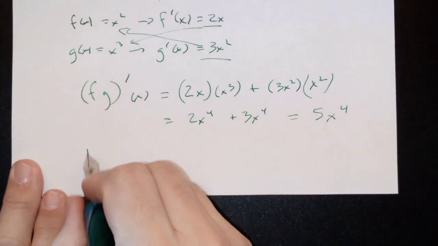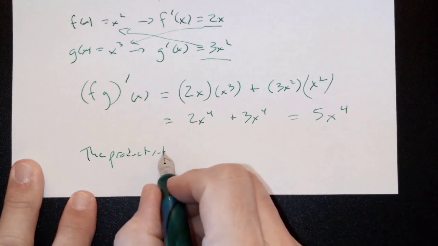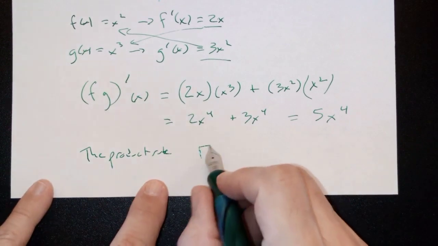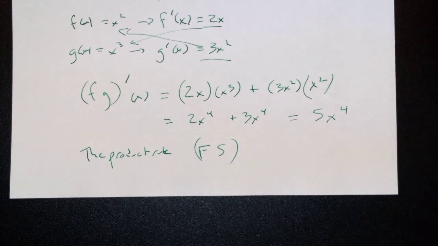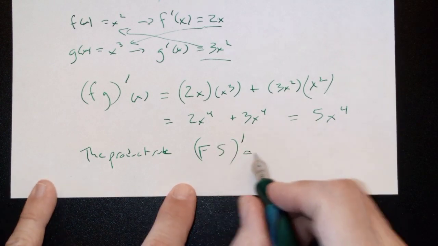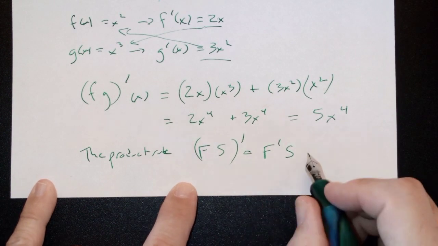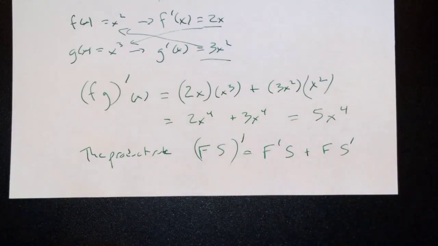The product rule. If I want to think of them as the first function and the second function, rather than f and g, we'll call them f and s for first and second, then the derivative of a product is the derivative of the first, leave the second alone, then leave the first alone, and take the derivative of the second.